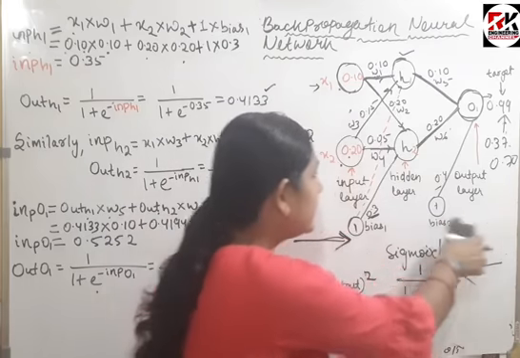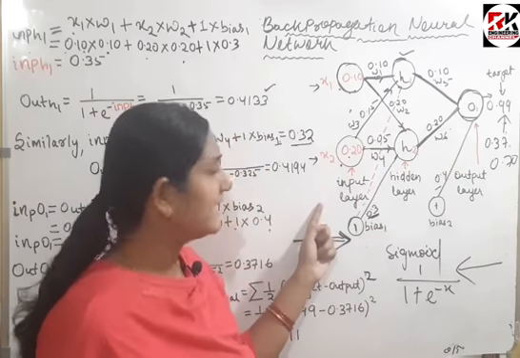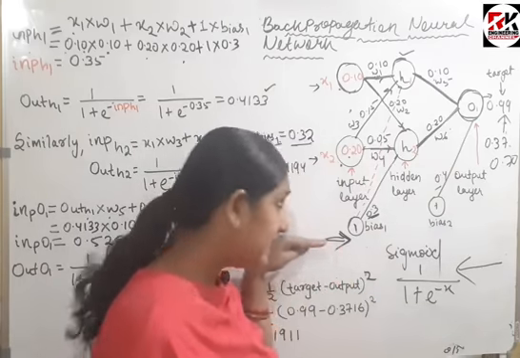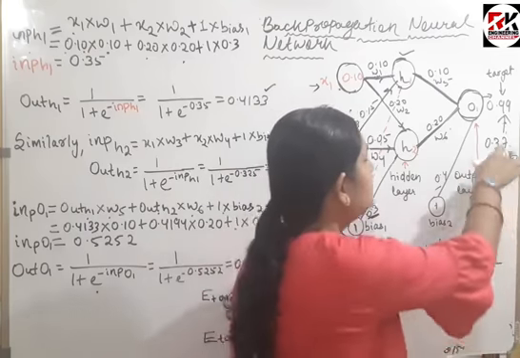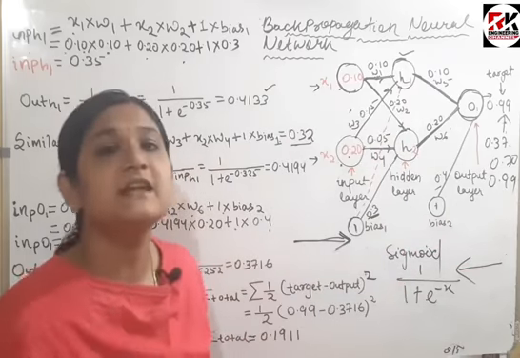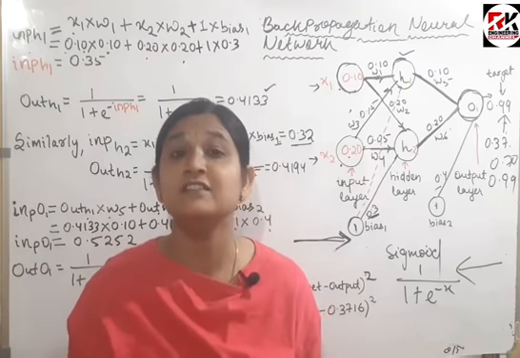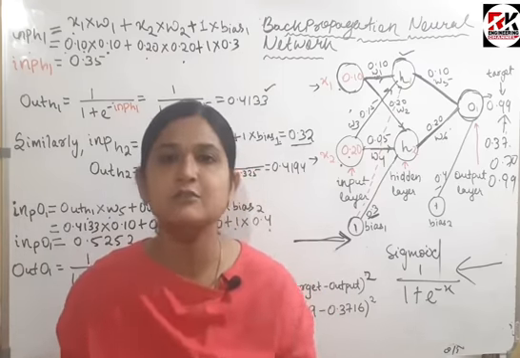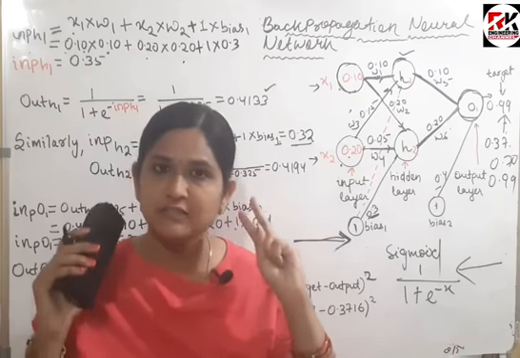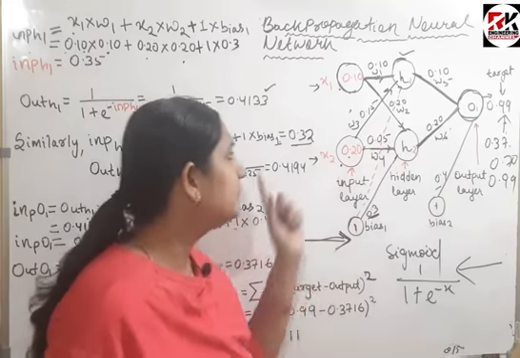So again I will backtrack, changing my weight values, and again move forward and generate my output. Suppose this time I generate 0.99. So now my target has been reached and my work is done. Now I will stop the forward and backward propagation. So this is the funda of your backpropagation neural network.